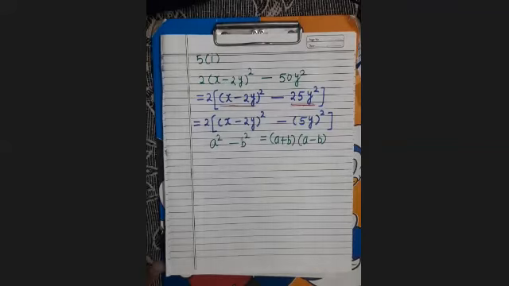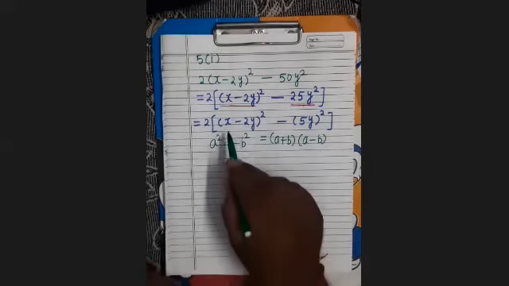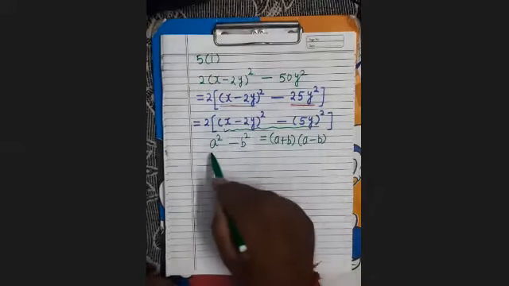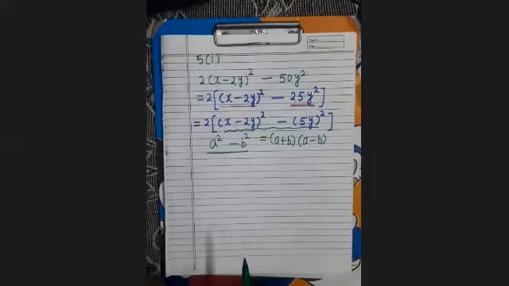Now see here. If you compare this with this, what will you find in place of a? x minus 2y. And what will you find in place of b? 5y.